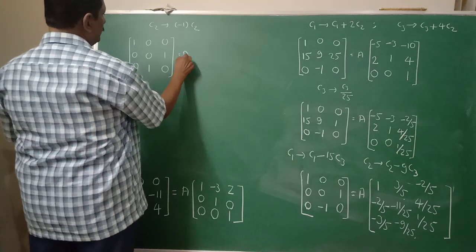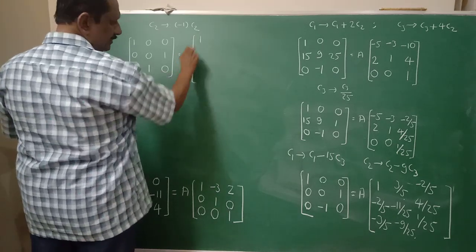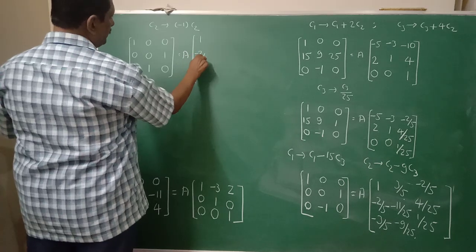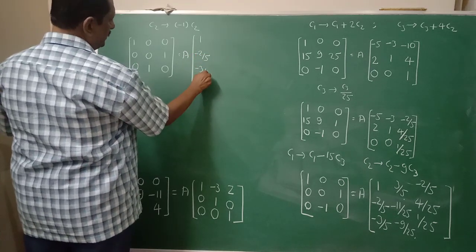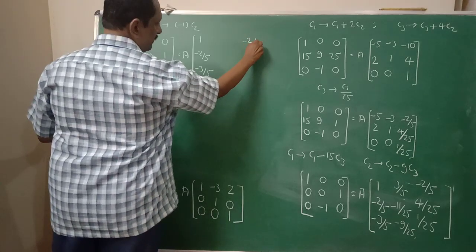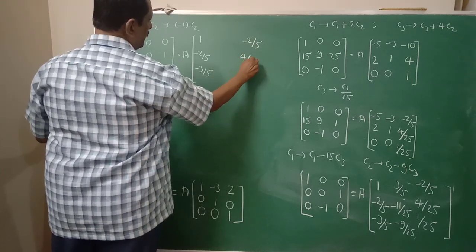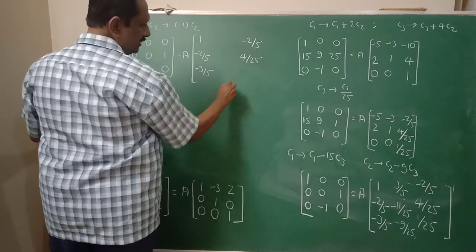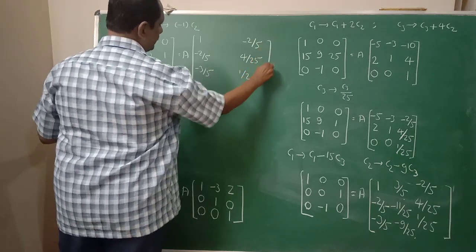Then this equal to A into, on right side also, 1 minus of 2 divided by 5 and minus 3 divided by 5, then minus 2 divided by 5, then 4 divided by 25, then 1 divided by 25, keep as it is here.